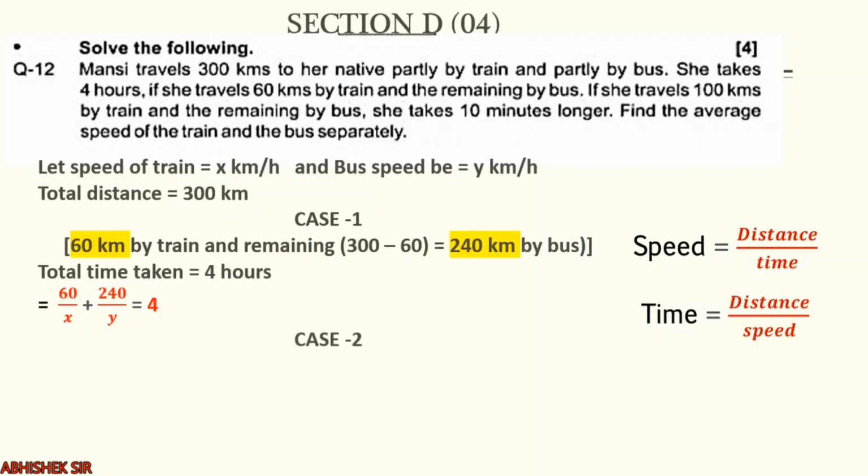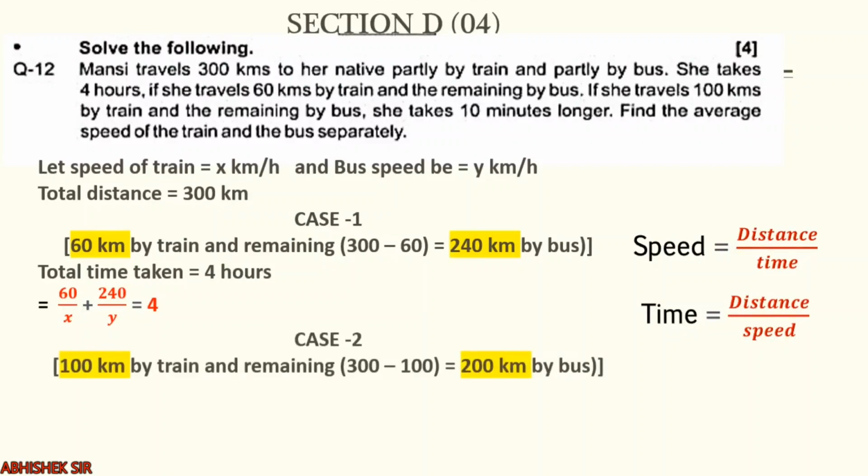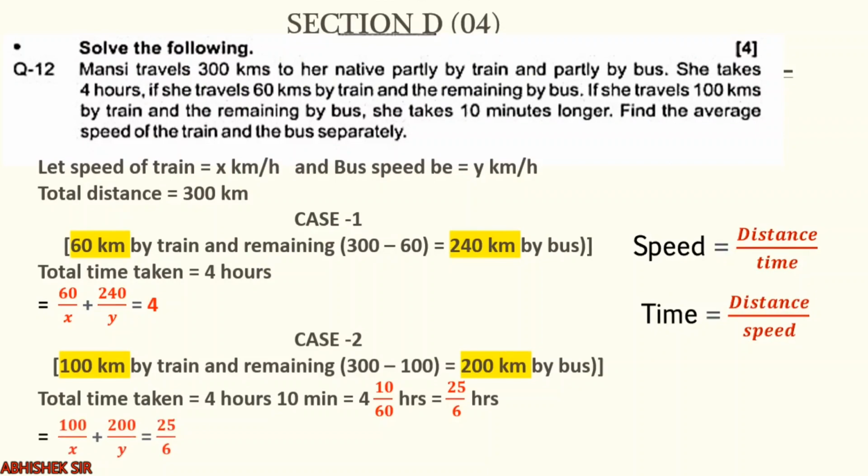Same way we have case number 2. What is case number 2? 100 km by train and the remaining, 300 minus 100, that is 200, by bus. So our equation will be 100 upon x plus 200 upon y equals 25 by 6. Now, if I said 4 hours and 10 minutes, how does it come to be 25 by 6?